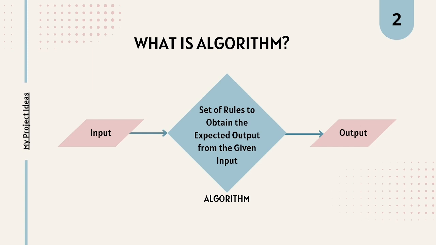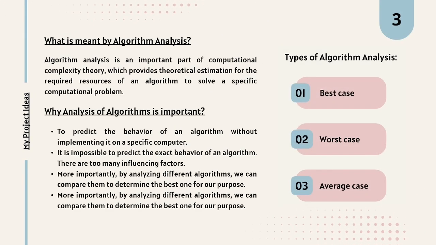Cool? Next slide. What is algorithm analysis? You got to know what is an algorithm. Now let's see what is meant by algorithm analysis. This is very important because algorithm analysis forms the gist of computational complexity theory. It provides a theoretical estimation for the resources an algorithm needs to solve a specific computational problem.